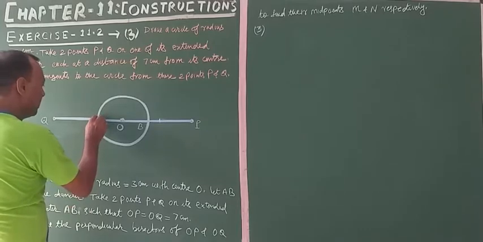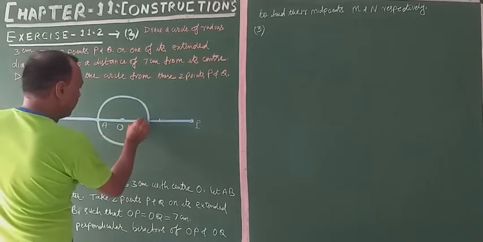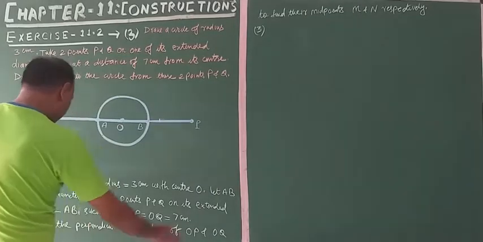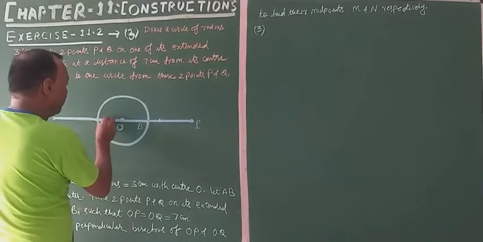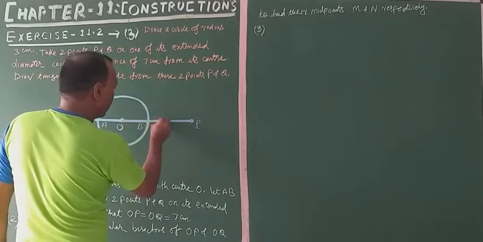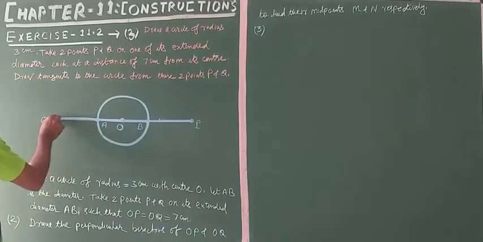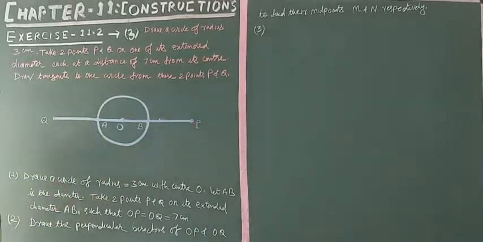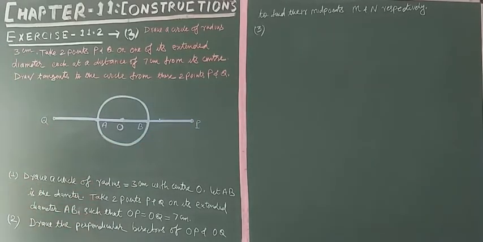Let AB be the diameter of this circle. Then we are extending this diameter in both directions, here in the right direction and here in the left direction, and taking 2 points on it, P and Q, such that OP is 7 centimeter and OQ is also 7 centimeter.